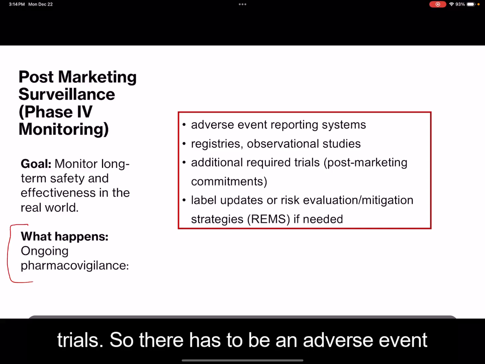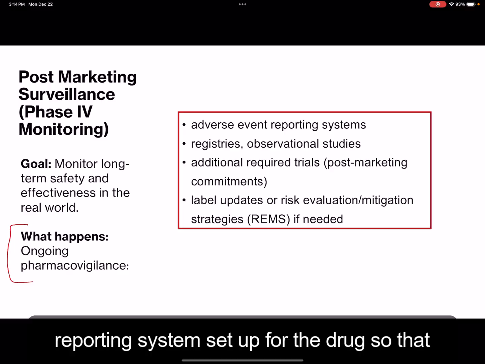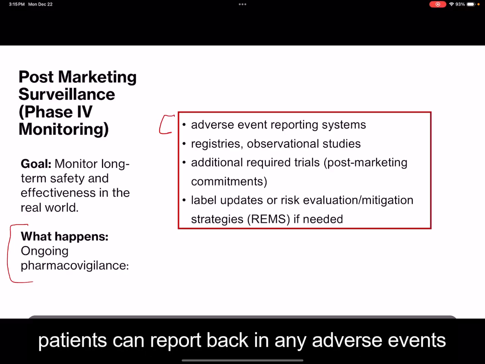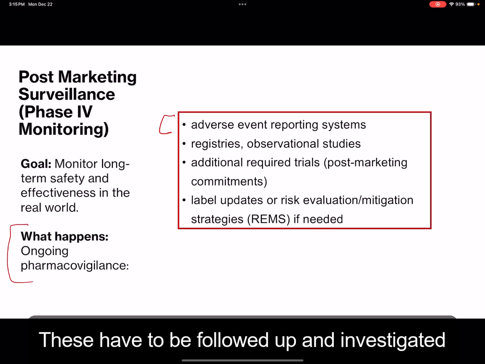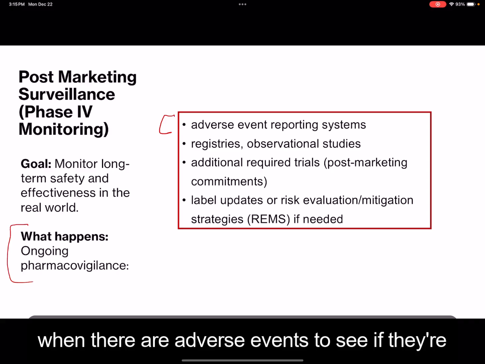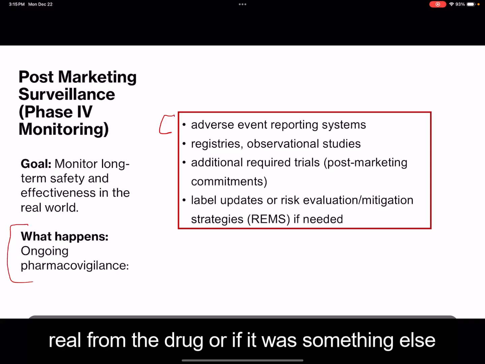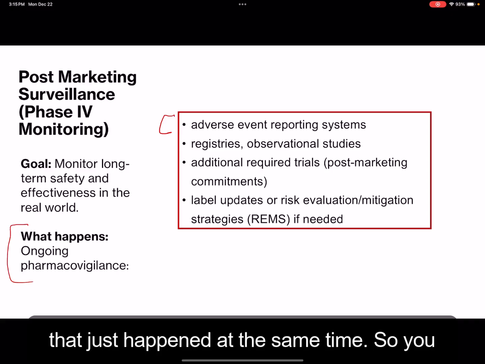So there has to be an adverse event reporting system set up for the drug so that patients can report back any adverse events that they have while taking the drug. These have to be followed up and investigated when there are adverse events to see if they're real from the drug or if it was something else that just happened at the same time.